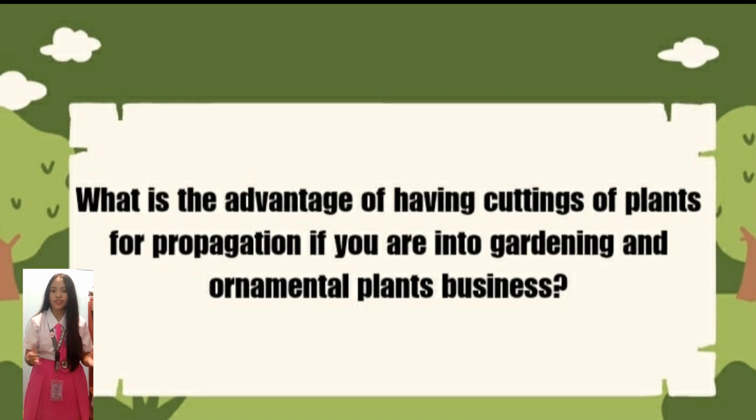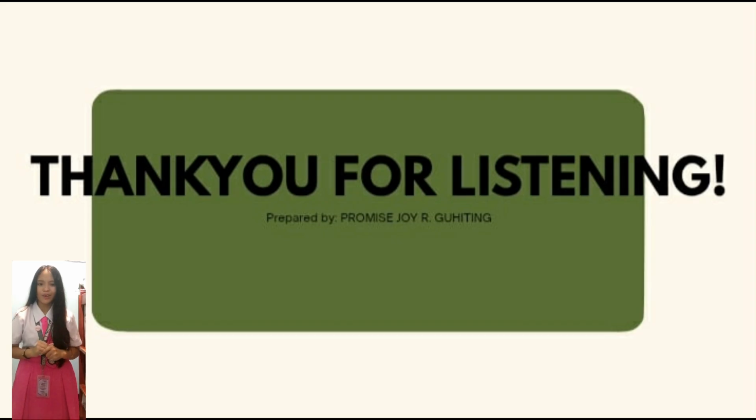You can answer, I'm sure you thought about this question. Okay, very good. Cuttings are faster, cheaper, and more reliable. They guarantee uniform, high-quality plants, perfect for a gardening and ornamental plants business. Okay, that's all, thank you and God bless.